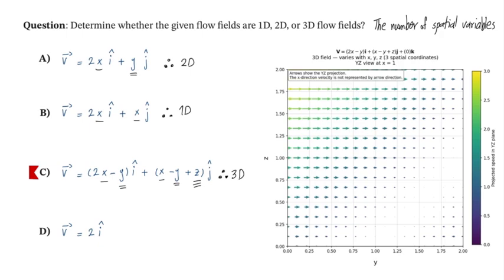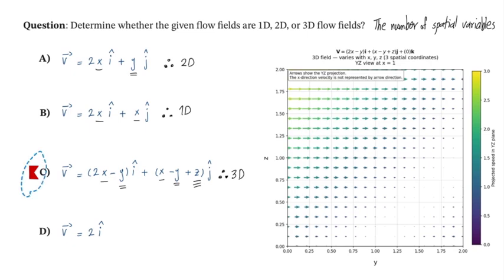In this plane, since we have fixed the x value, we have a yz plane, and we can see that as y changes, the arrows change. And also as z changes, the arrows change as well. Hence, this also shows that this is not a two-dimensional flow field because it changes with all three spatial variables.